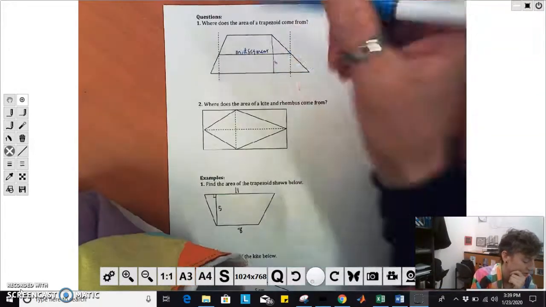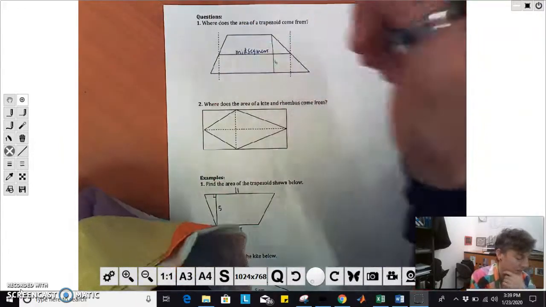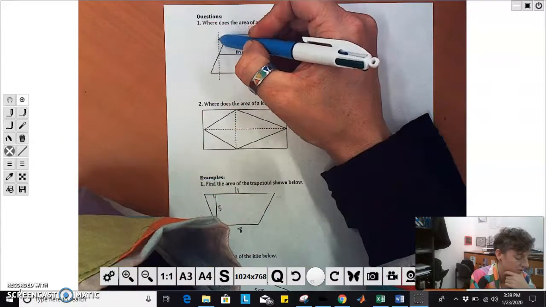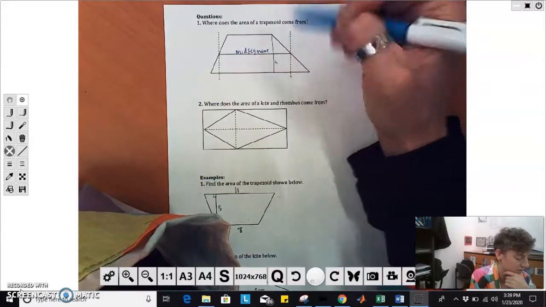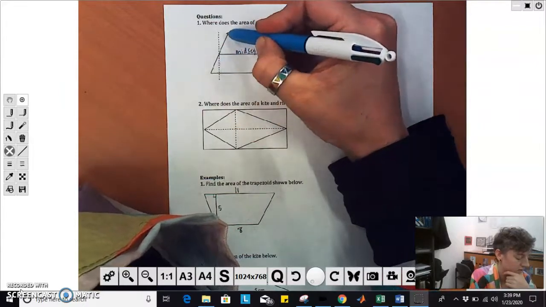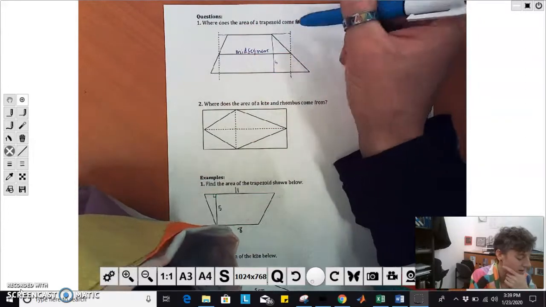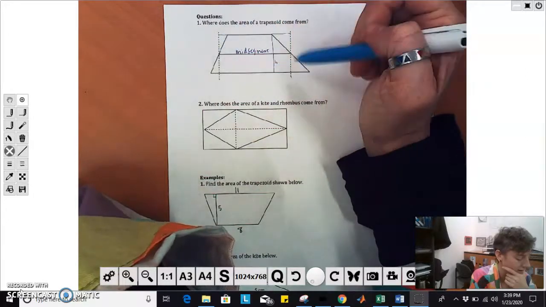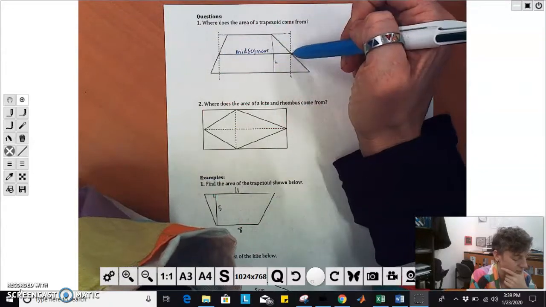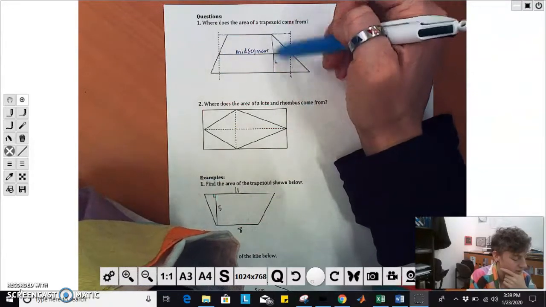Right? So just like we did in the beginning phases, if we chop this off at the edges of the mid-segment, and I put that triangle right here, and I put this triangle right here, voila! Now we have a rectangle that has a base that's as long as the mid-segment and the height.